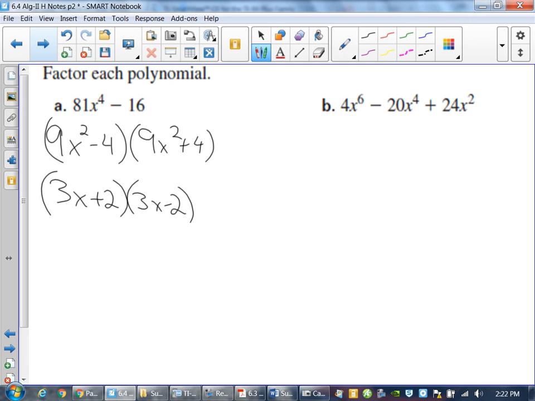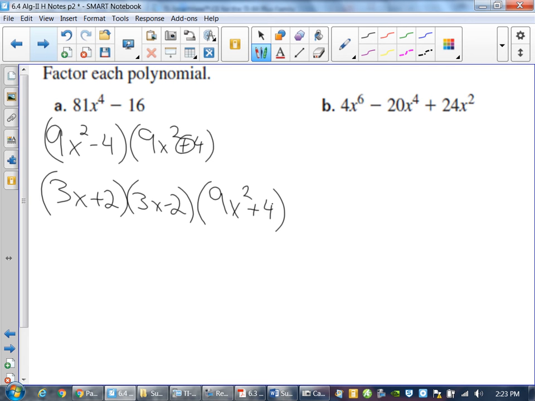But can I do the same thing for the second term? No, I can't because it's a plus sign. So it's asking me to factor this, which means all I have to do now is just rewrite it. And I'm done. There's nothing left for me to do. Correct, because then it's not a difference of squares, it's a sum of squares. And there's no way for us to factor a sum of squares.